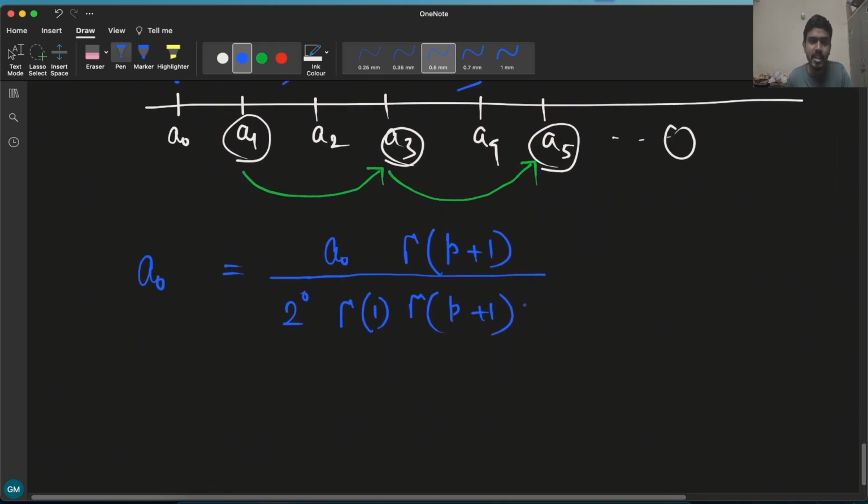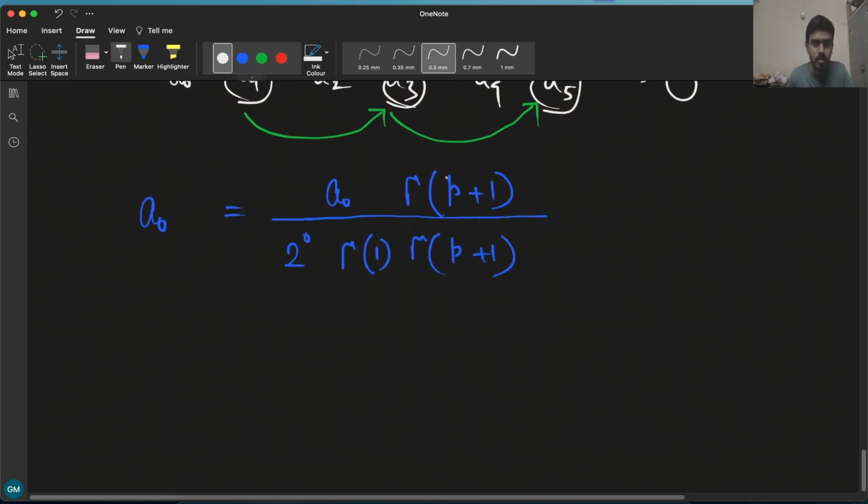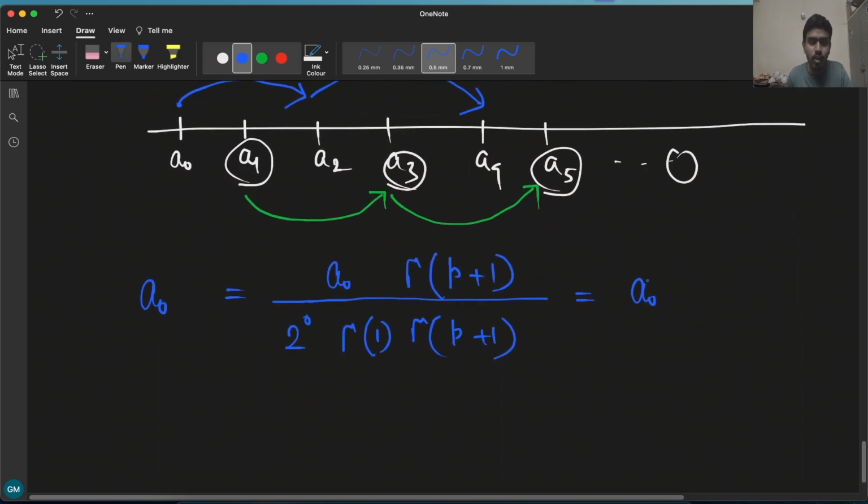Why I am writing it, it will be clear in a moment. Which eventually equals a0, because gamma of p plus 1 divided by gamma of p plus 1 will cancel each other. Gamma of 1 is 1 and 2 to the power 0 is also 1, so it will eventually be easy. And why I am writing it in this way, it will be clear in just a moment.